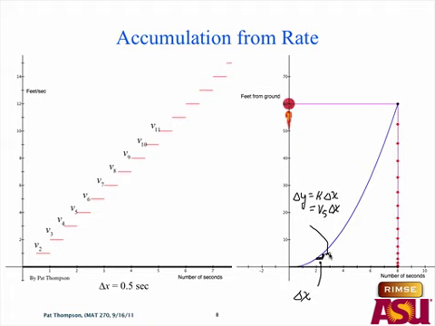What am I drawing now? What does that equal? That change in y? v6 delta x. Next half second. Change in x. Change in y equals v7 delta x. We can keep doing that.